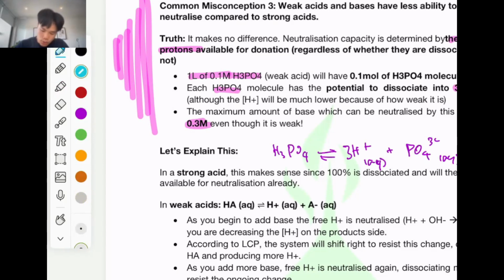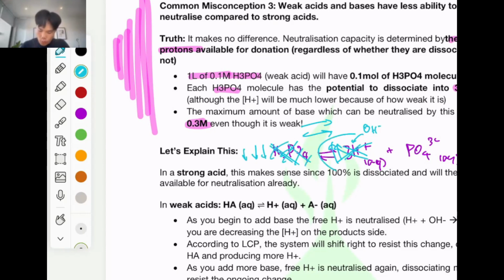Every time that you neutralize a H plus with an OH minus, the equilibrium will continue to shift right, making more H plus. And if you put more OH minus in, it shifts right, neutralizes, and you keep shifting right and decreasing your H3PO4 molecule concentration until there is none left.